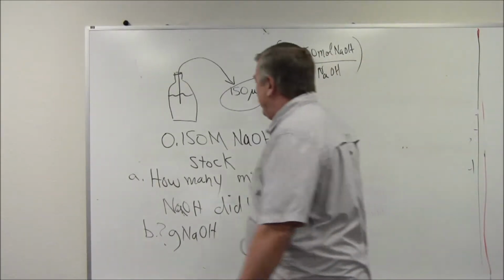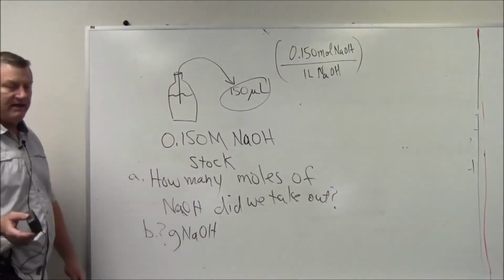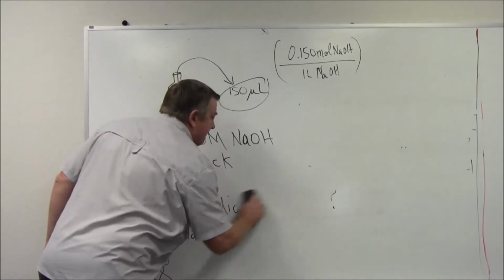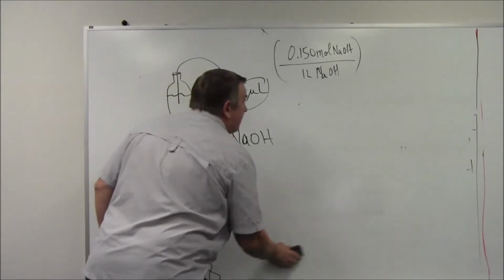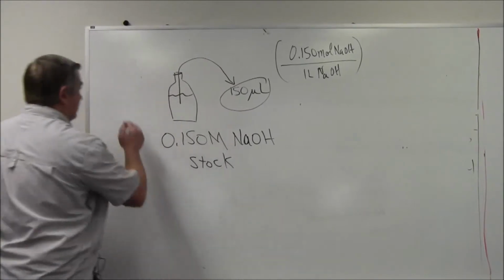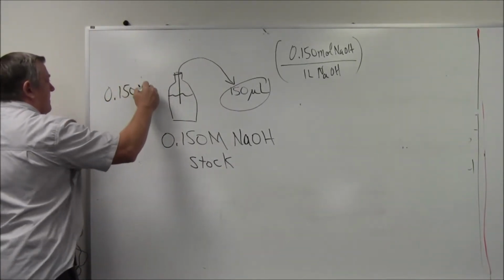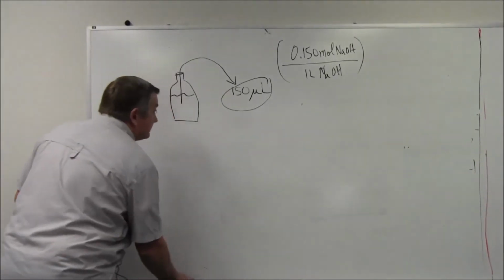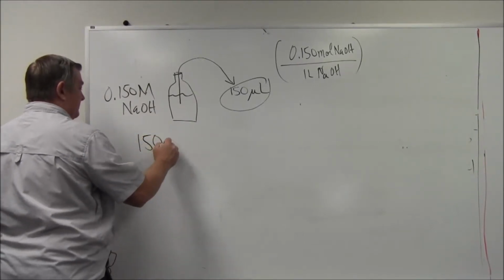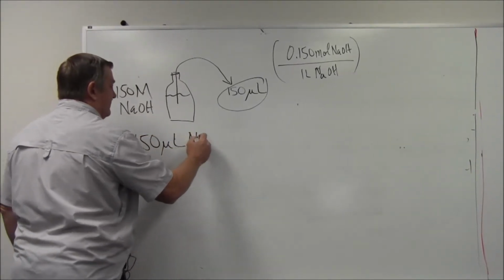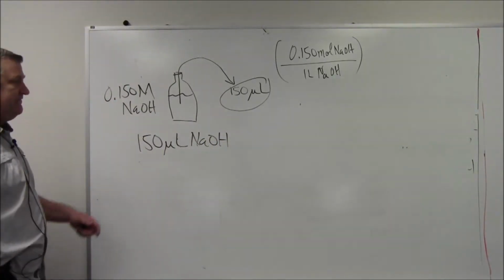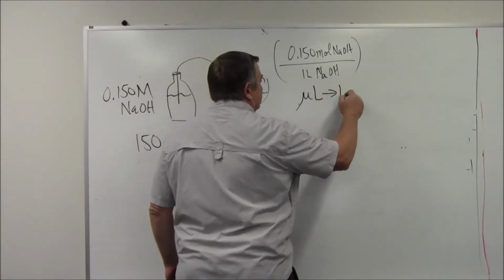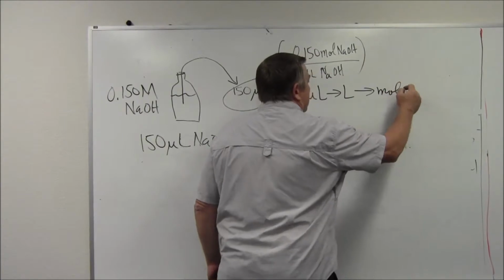So let's answer this problem now. I'm going to erase the problem so I have room to write. We're going to go to moles first and then grams. So I take my given, 150 microliters sodium hydroxide solution, and before I can touch molarity, I'm going to go microliters to liters to moles to grams.